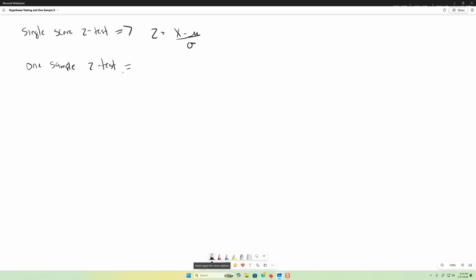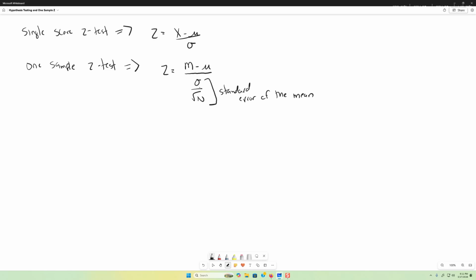Sorry about that. That's really an arrow like that. Z is equal to the mean of the sample minus the population mean over the population standard deviation divided by square root of n. This denominator is called the standard error of the mean again. We talked about this previously. Standard error of the mean.